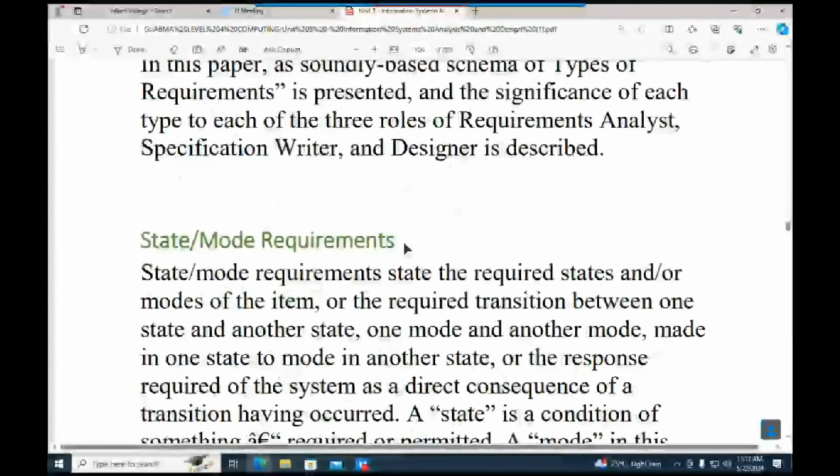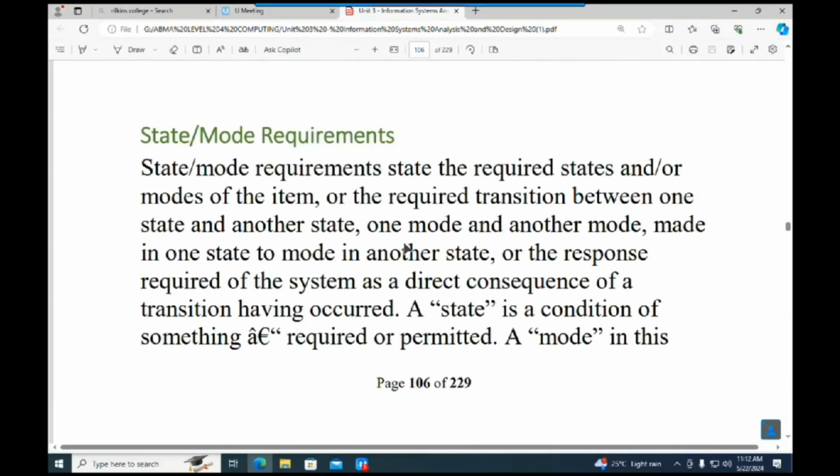So what I'm going to focus on in this lesson is the types of requirements that are presented, and the significance of each of those requirements to the analyst role, to the specification writer role, and to the designer role. So the first type of requirement that I'm going to talk about is the state or the mode requirements.